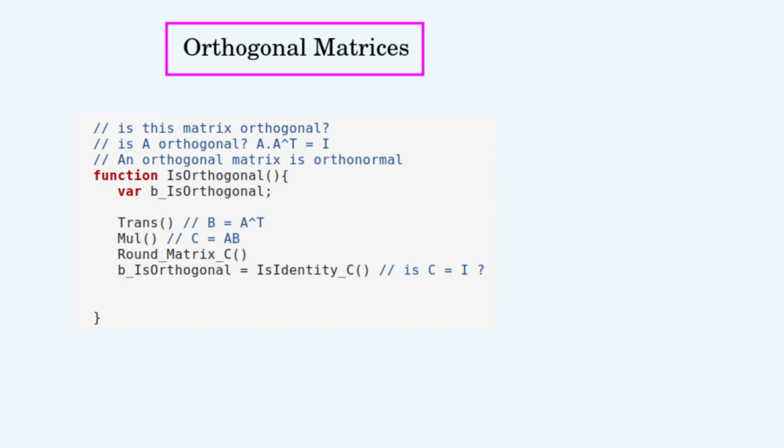Then we'll test to see if this product matrix is the identity. If it is, then this Boolean variable will be set to true. Otherwise, it will be false. Then we'll return this Boolean variable so as to say whether or not the matrix is orthogonal. I've already defined these functions in my earlier videos.